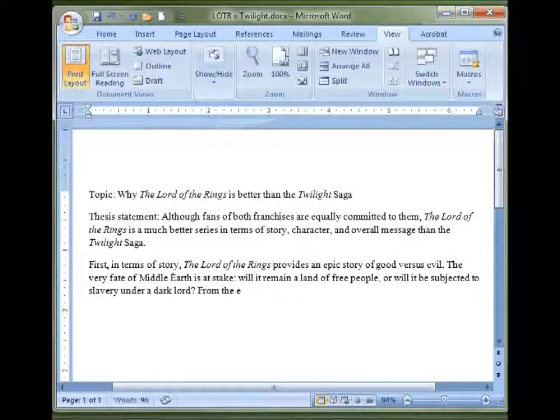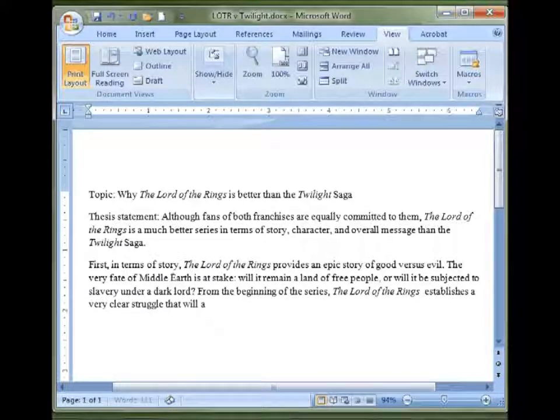From the beginning of the series, The Lord of the Rings establishes a very clear struggle that will affect an entire continent and even lands beyond. That's essentially the definition of epic: when you're saying something is epic, it means it's really big, and so that's where I'm establishing the bigness of what I'm talking about.